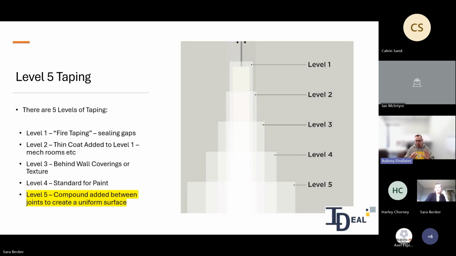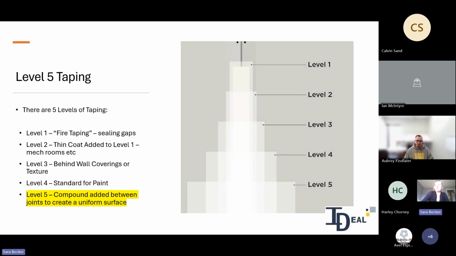So you get to level 4, and then you skim coat out the whole wall to get one uniform finish. That's typically for highlight areas, dark colored walls, where you're going to have a lot of direct sunlight. That's usually when clients want to go towards level 5, the higher end finish.